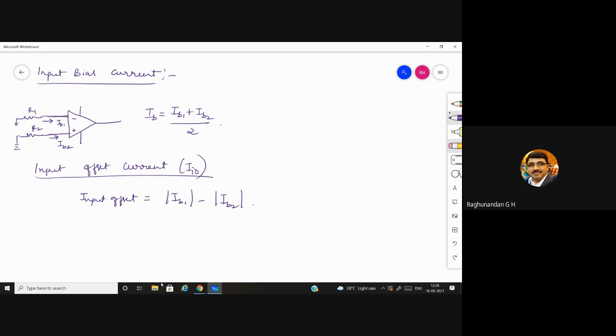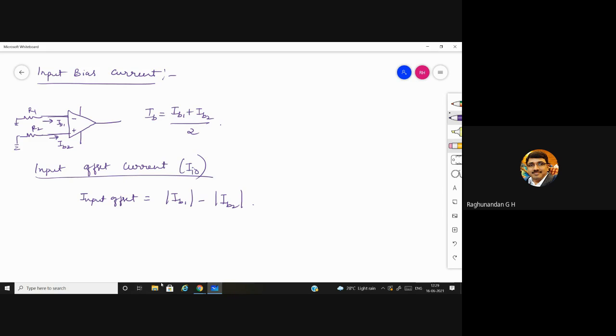That's what we did in the input offset voltage also. Here in input offset current also, we'll find out the difference between these two, and by properly tuning the input signal, we can nullify that.